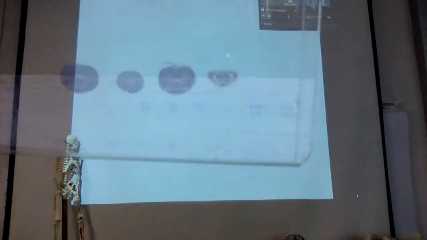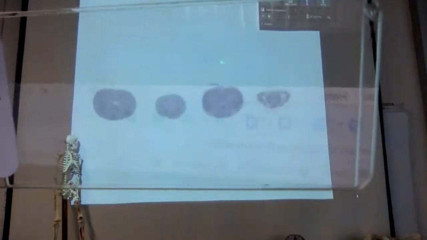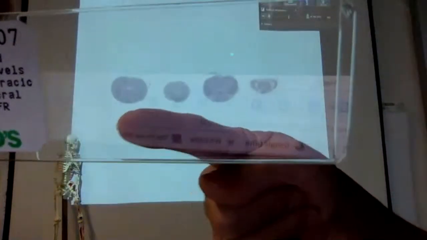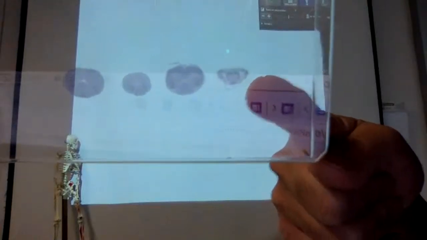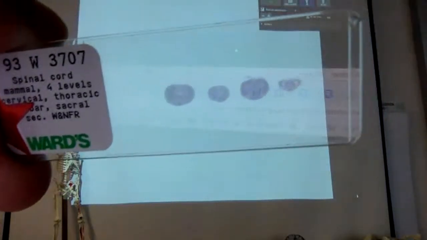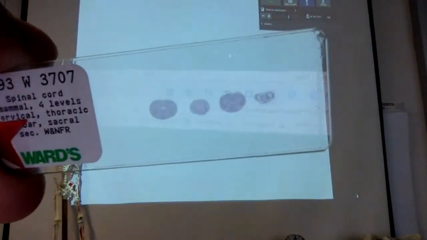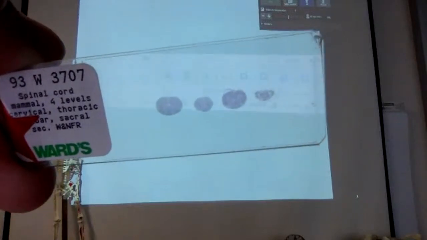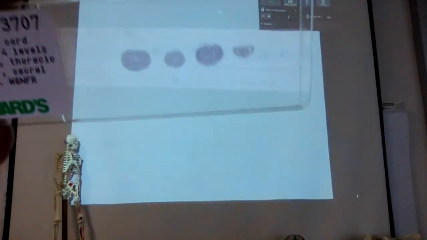Lumbar is bigger. Sacral. The reason why it goes big, small, does anyone have a guess? Why does it go bigger in the cervical area, smaller in the thoracic, bigger in the lumbar, smaller in the sacral? Go ahead and type your guess in the chat. Spinal curve, it doesn't quite have to do with the curve, no. Think about what you find in the cervical location and the lumbar location that you don't have in the thoracic or sacral.